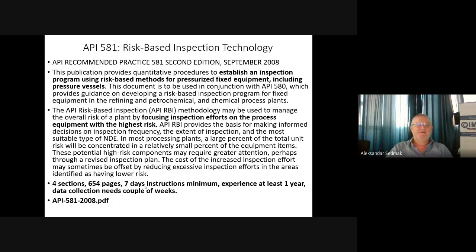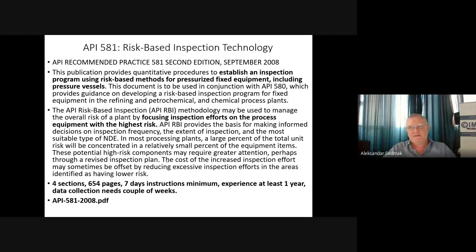I guess 7 days of instructions minimum, experience of at least 1 year minimum, and data collection would typically need a couple of weeks. You can check it, this PDF is available. So it is too complicated, especially if we need a fast answer.